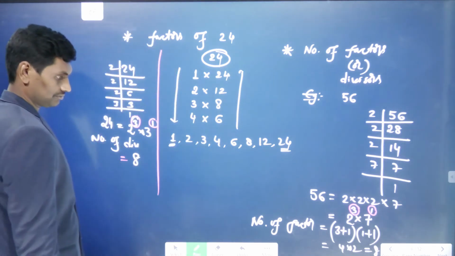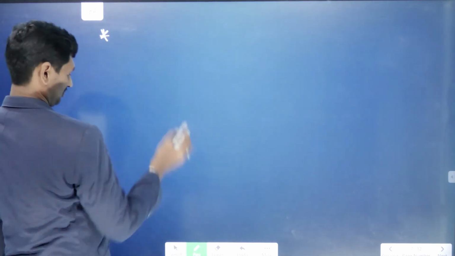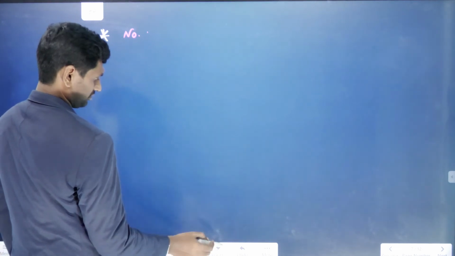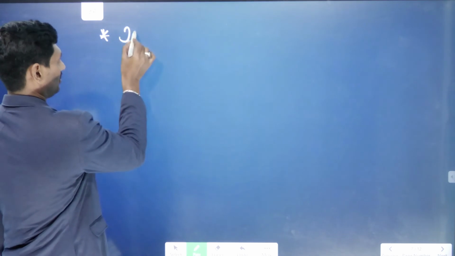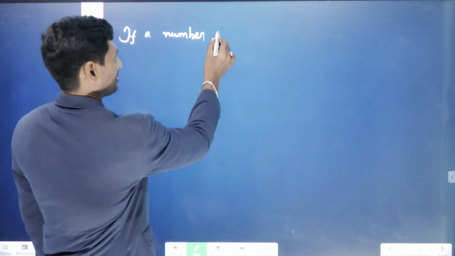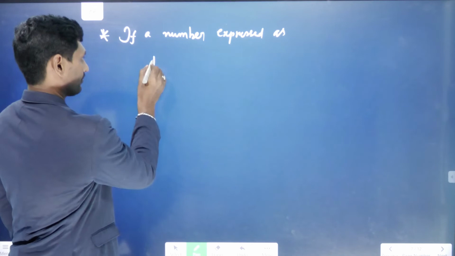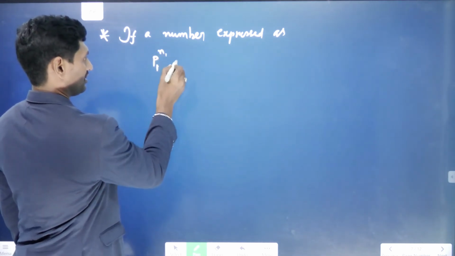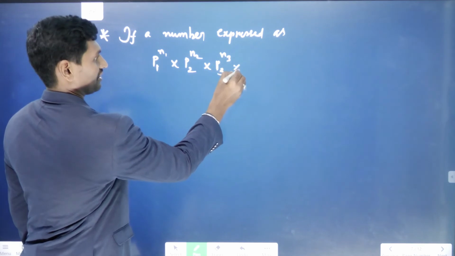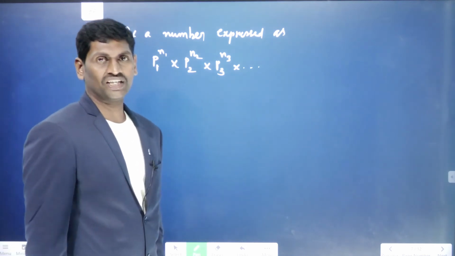Okay children. Now the formula for the number of divisors: if a number is expressed as p1 power n1 into p2 power n2 into p3 power n3 and so on, where p1, p2, p3 are prime numbers.